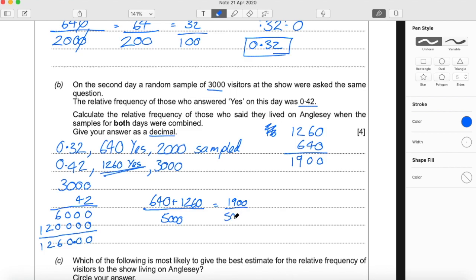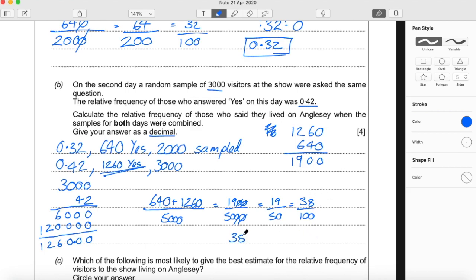divided by 5,000. And again, we need to give this as a decimal, so we're looking for some multiple of 10, 100, 1,000 on the bottom. We could see that 2 zeros cancel top and bottom, leaving us with 19 over 50, which is the same as timesing by 2 top and bottom, gives us 38 over 100, and much the same as part A of this question.